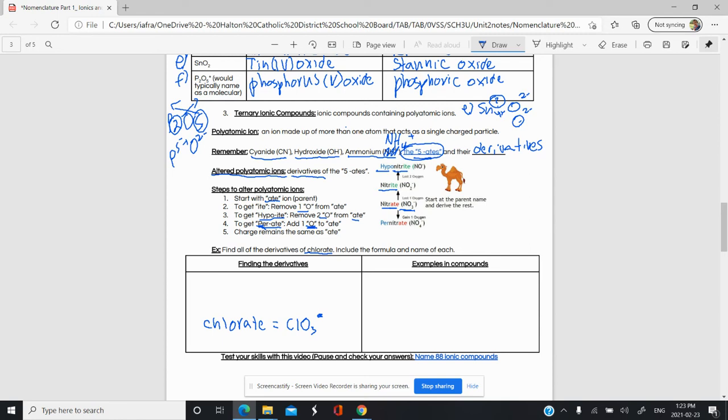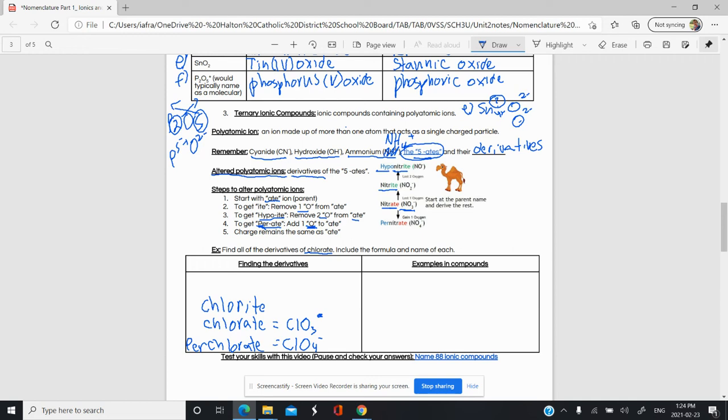If I want to get the one that's above that, ClO4, I know that I added an O, so that's my perchlorate. Now let's say I want a chlorite. Not chloride, chlorite. Chloride would be just Cl minus.